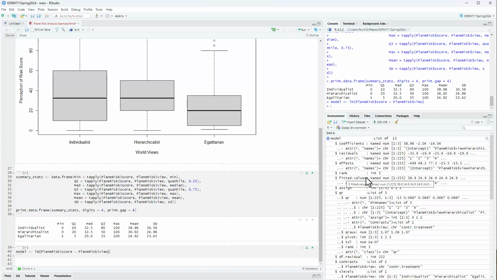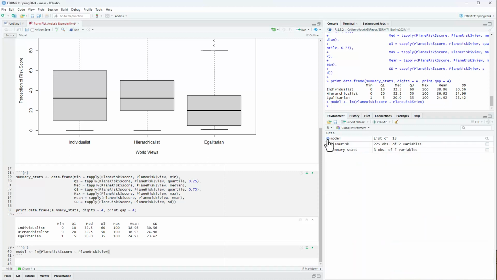So you remember in a linear model, for every value of the explanatory variable, we have a prediction. And the difference between that prediction and what we actually observed, observed minus predicted, is the residual. Let's go ahead and calculate the predictions and the residuals for every single observation in our data.